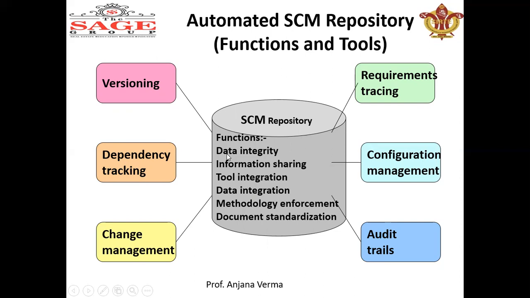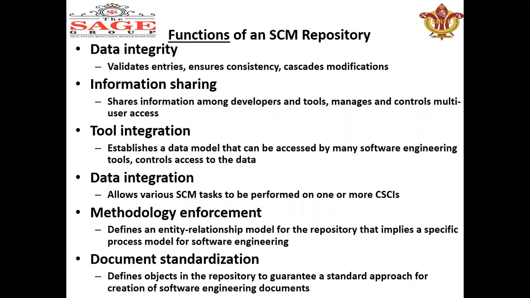Now first we will see the functions, that is data integrity. It means your data should be consistent. If you are changing your data anywhere, all the things related to that data should be changed.